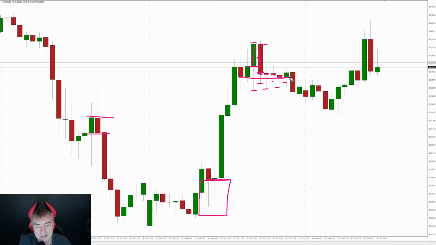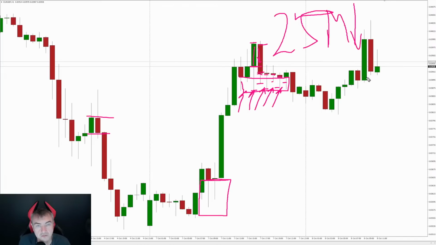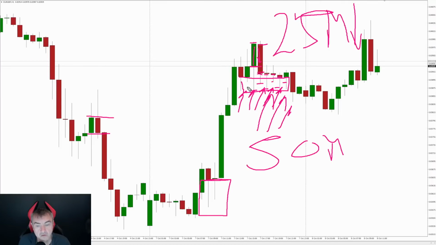This whole area here is telling you that there is massive buying pressure, because the sellers are trying really hard to go short. There's 25 million short orders every candlestick here. I'm just picking numbers at random, but you get the point. There's a load of sellers here, but there's 50 million long every time here. You're not coming through.